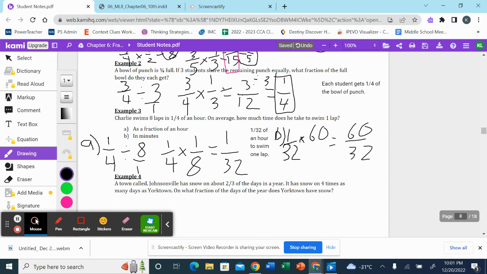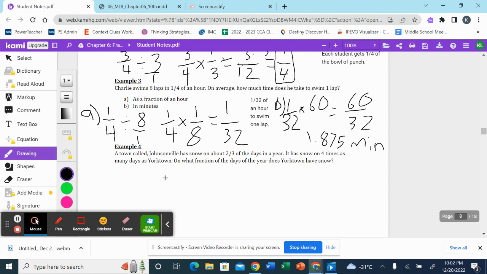And if I put it into my calculator, 60 divided by 32 is going to give me 1.875 minutes. So in under 2 minutes, he can swim a lap. That's pretty fast. Or she. Congratulations, Charlie.